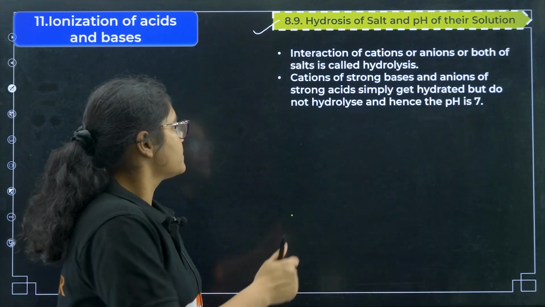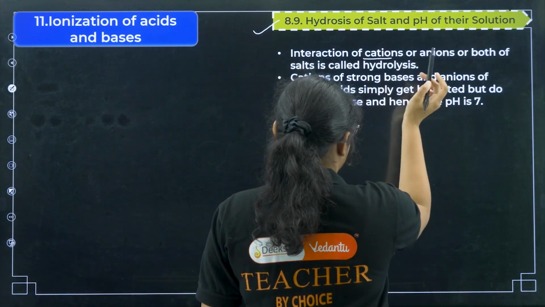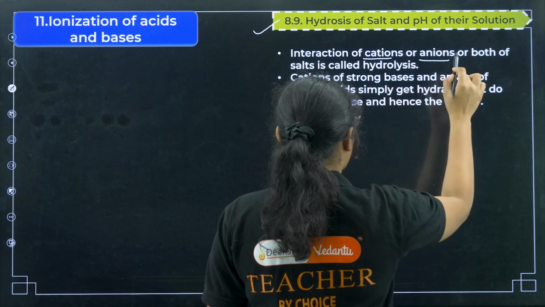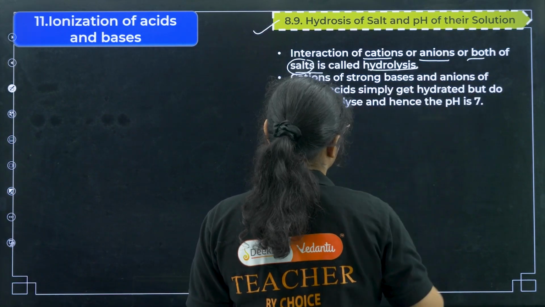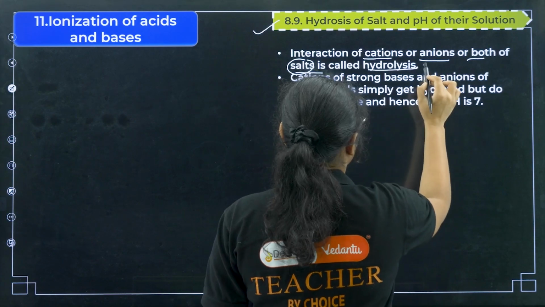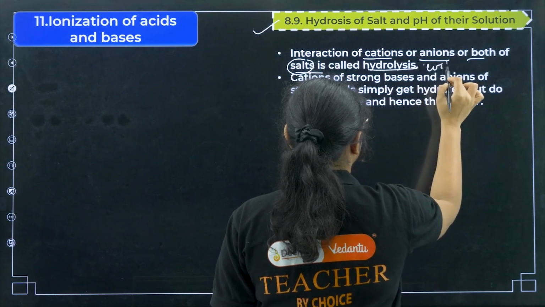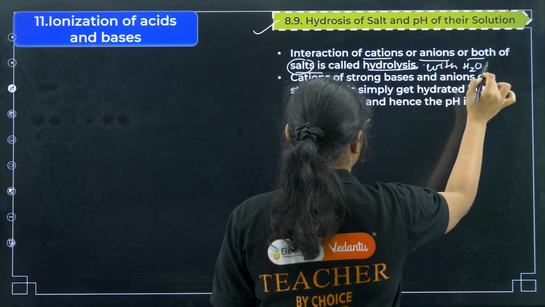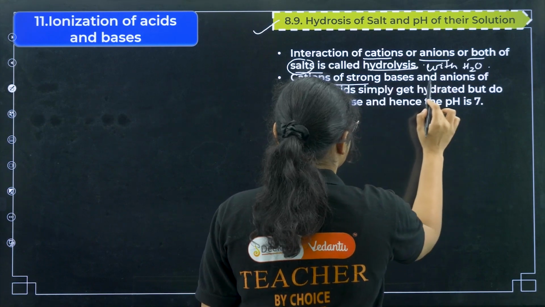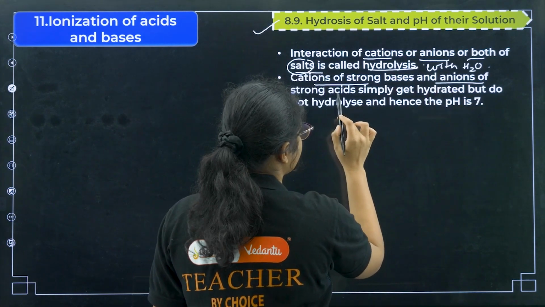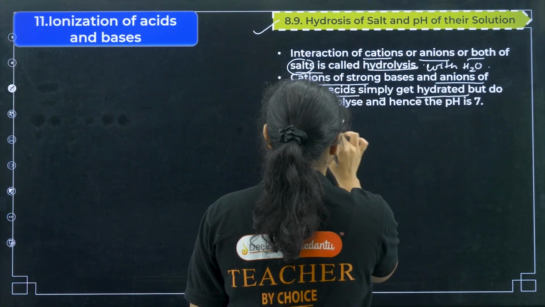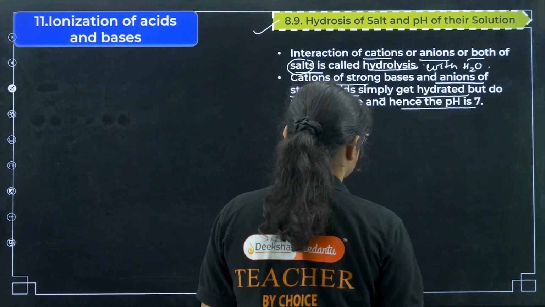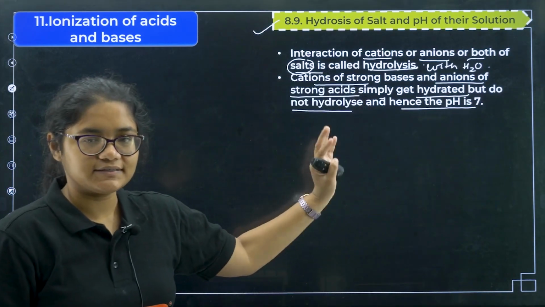So the interaction of the cations or anions or both of the salt with water is called hydrolysis. Cations of strong bases and anions of strong acids simply get hydrated but do not hydrolyze, and hence the pH is 7. We will discuss this in detail.